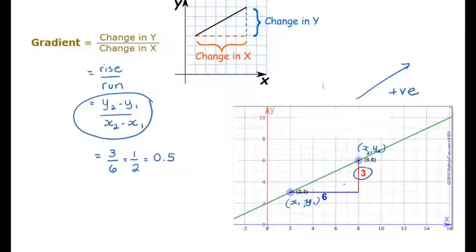So I've got my two coordinates, and that's going to give me the change in y over the change in x. y2 was 6, so I've got 6 minus y1, which is 3, divided by x2, which is 8, minus x1, which is 2. So 6 minus 3 is 3, 8 minus 2 is 6. Simplify that, and that gives me a gradient of 1/2.